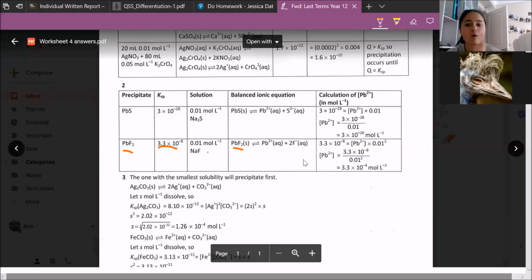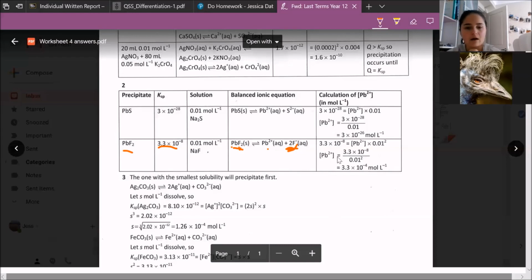However, fluoride has a 1- charge. So in order to balance, you need to have a 2 because you need 2 fluoride on the left, 2 fluoride on the right. So you need 1 Pb and 1 Pb there. Does that make sense? Yes.